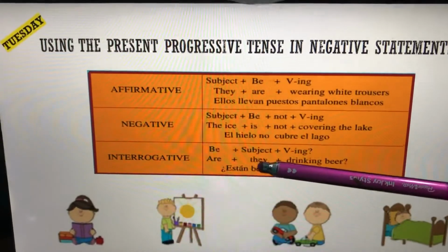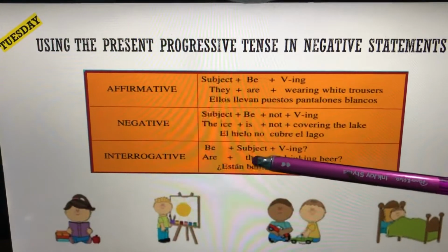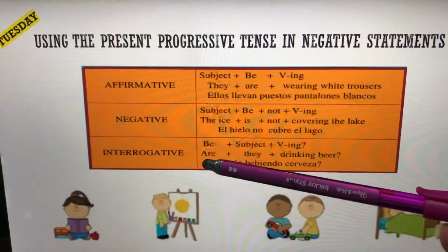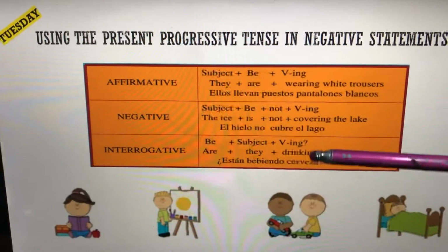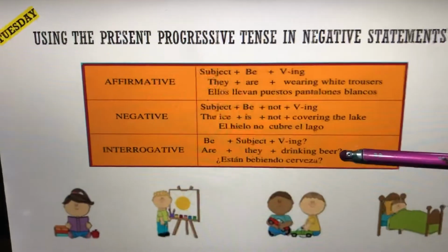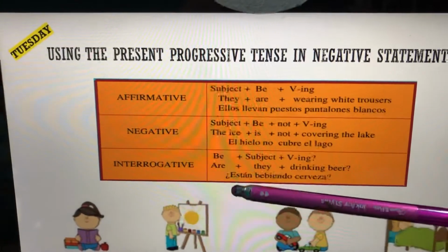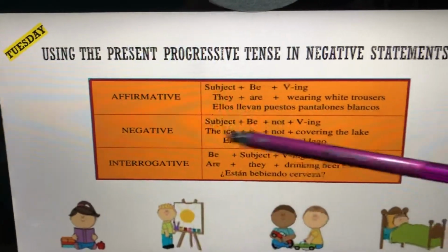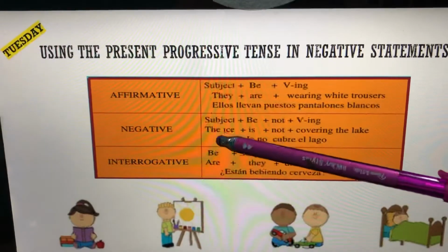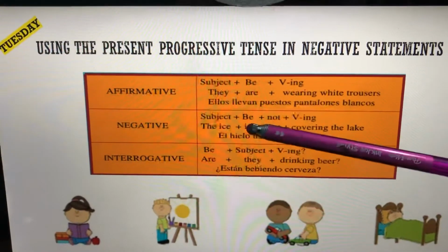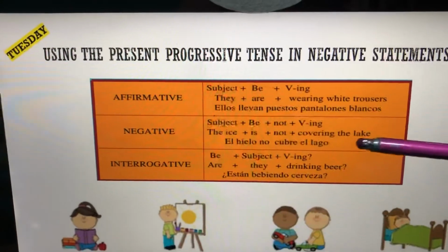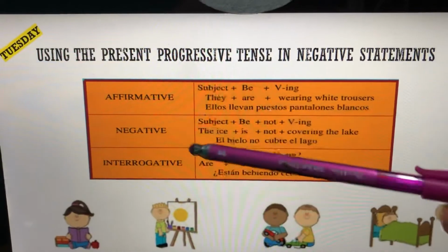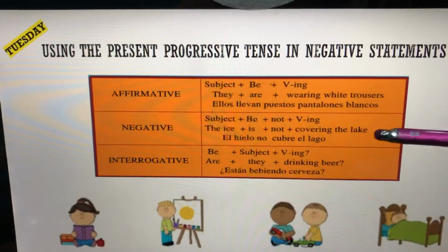For example, if my subject were she, the corresponding form of to be would be is. Is she drinking beer? And of course, the answer should be yes, she is drinking beer. Or in the negative form, no, she is not drinking beer. Or she isn't drinking beer, or she's not drinking beer.